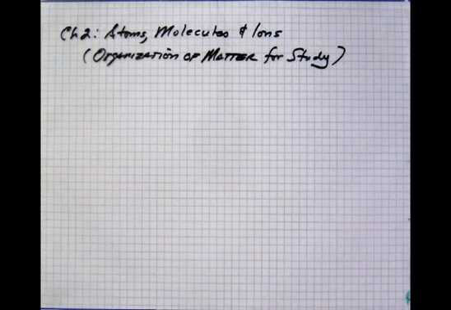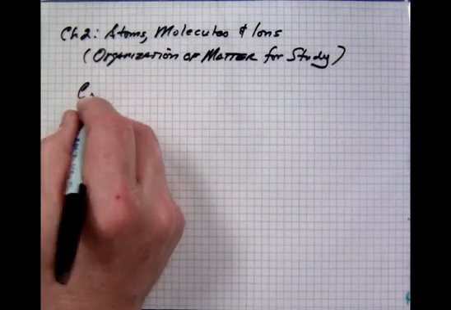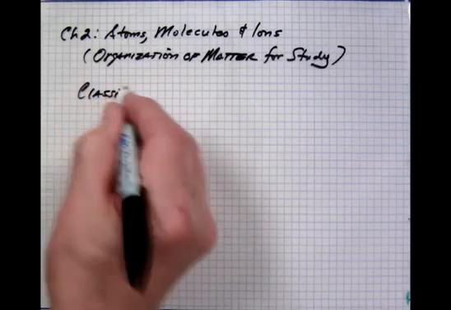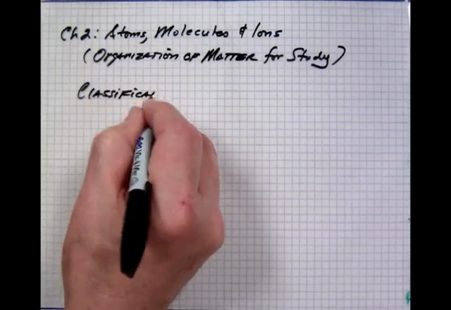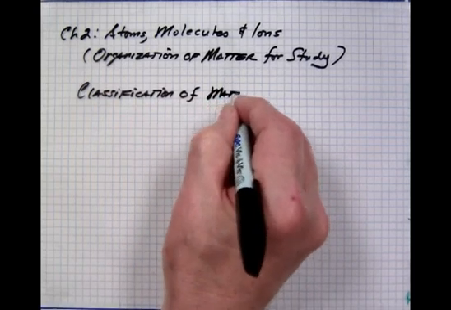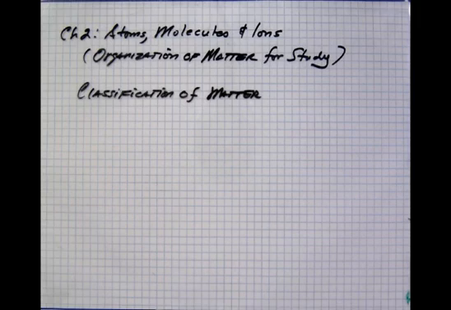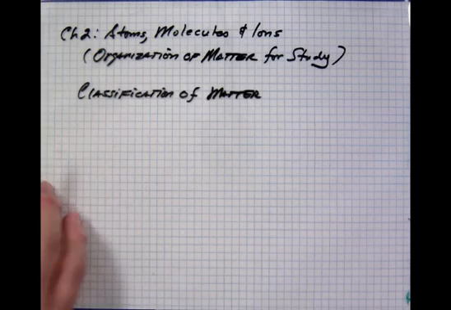It's a little easier if you break it down into parts and pieces so that it's easier to deal with. Okay, so we want to talk about the classification of matter. It doesn't take a super genius to realize there are many different kinds: solids, liquids, gases, colors, smells.